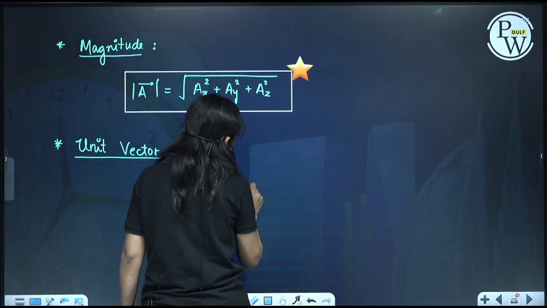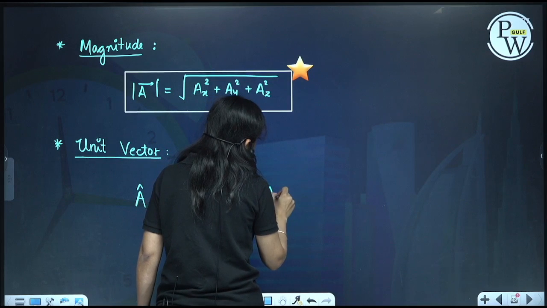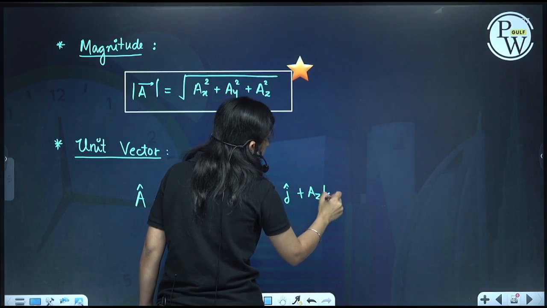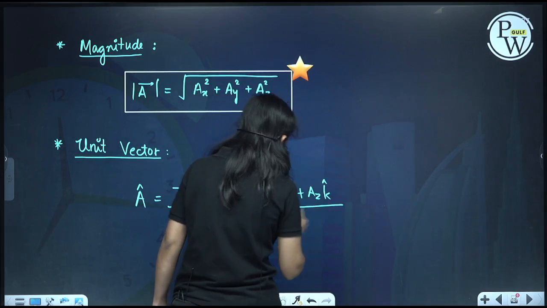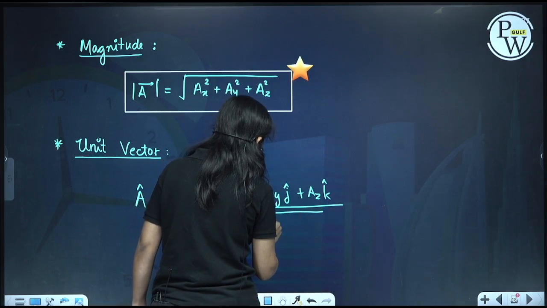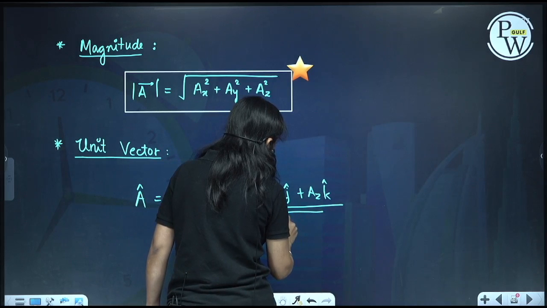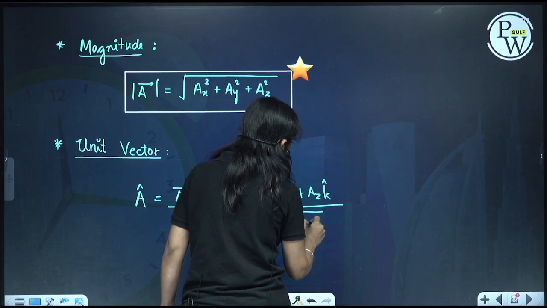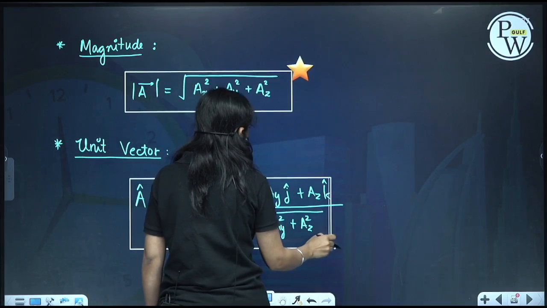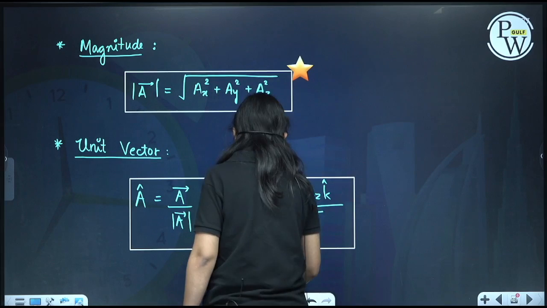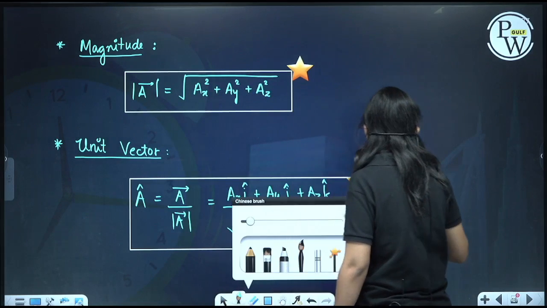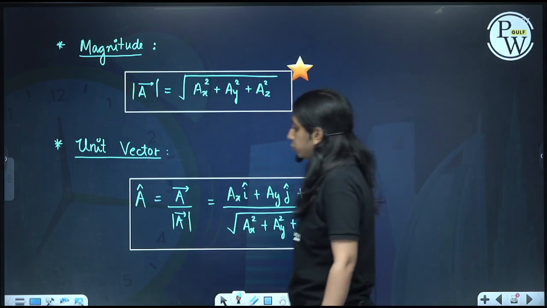It is Ax i cap plus Ay j cap plus Az k cap divided by under the root of Ax square plus Ay square plus Az square. This is how I can represent A cap, a unit vector in the direction of A.